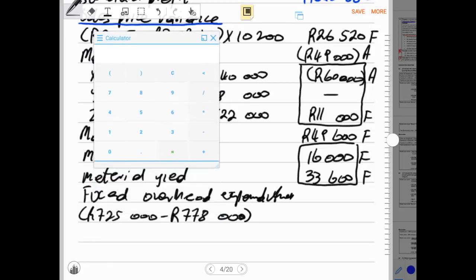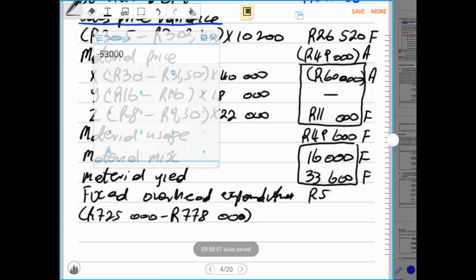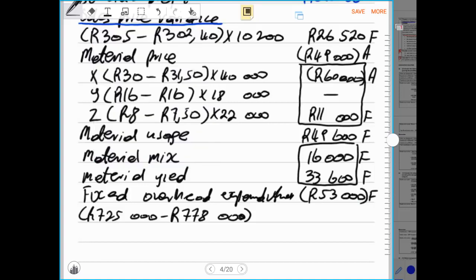It is negative 53,000. This gives us an adverse variance of 53,000 rands. That will be our fixed overhead expenditure variance, negative 53,000 rands.